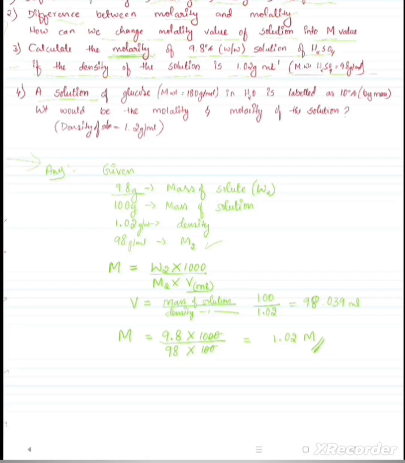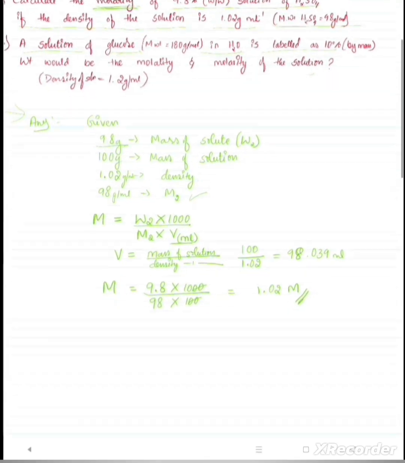A solution of glucose in water is labeled as 10%. 10% means 10 grams of glucose in 100 grams of solution. What would be the molality and molarity of the solution, and the density is given. So first we'll find out the molality.